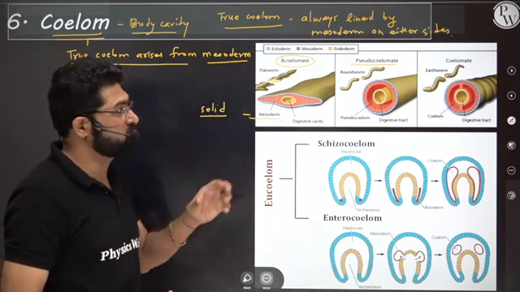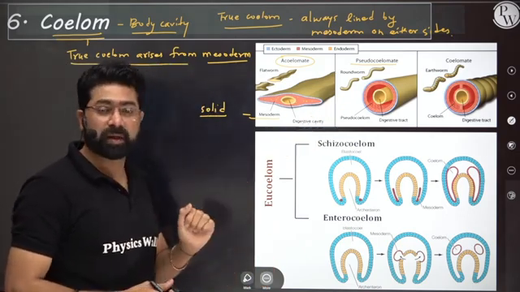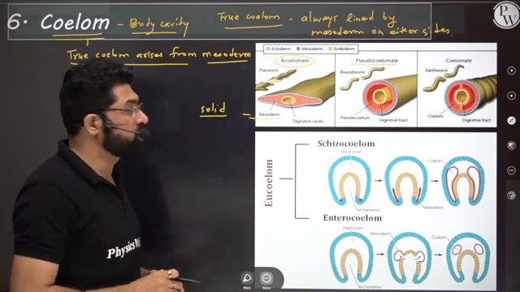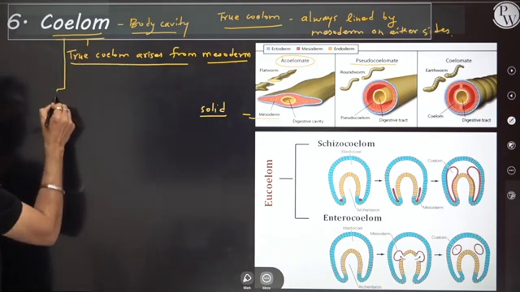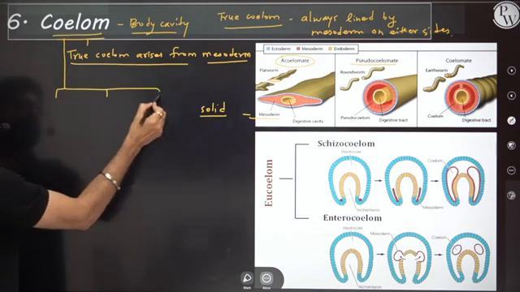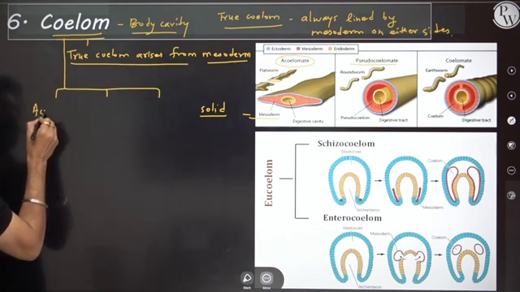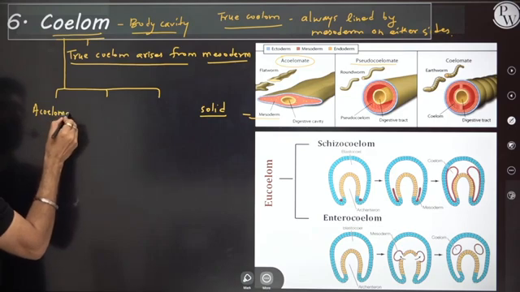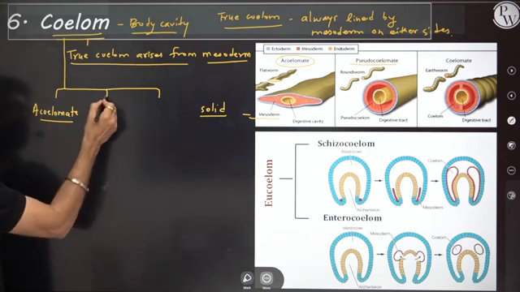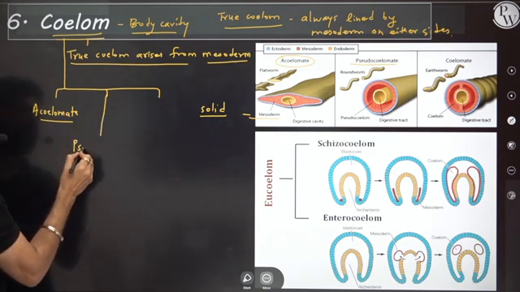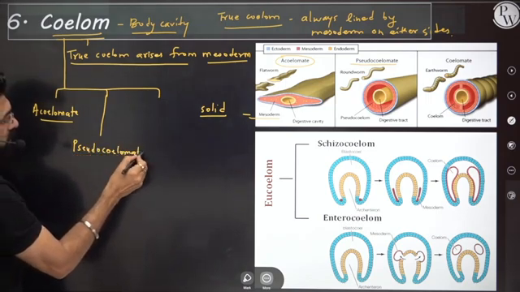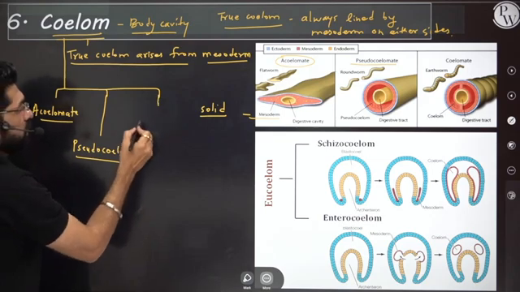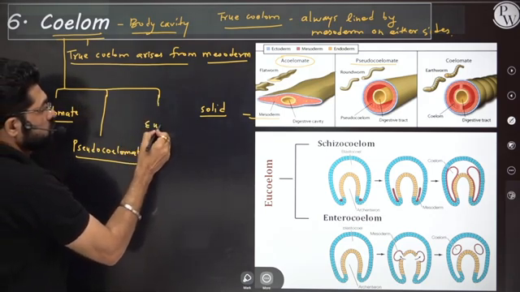From that the coelom is coming, so it is pseudocoelom. So as per coelom, the organisms can be acoelomate, next pseudocoelomate, and the third are true coelomates, that is eucoelomates.